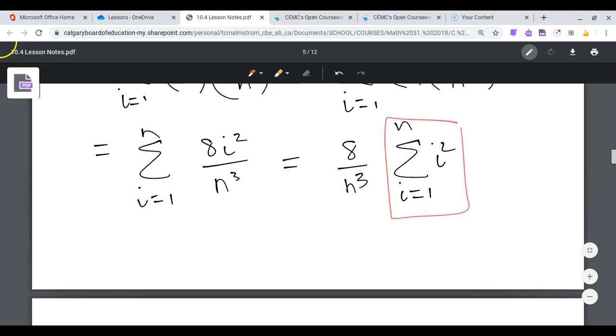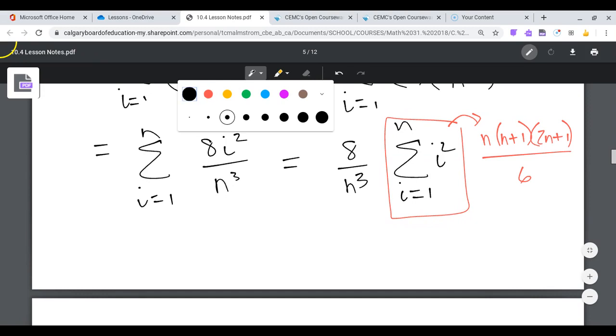And then that little piece here is equal to n times n plus 1 times 2n plus 1, all on 6. So I can replace my sigma notation with that little piece.